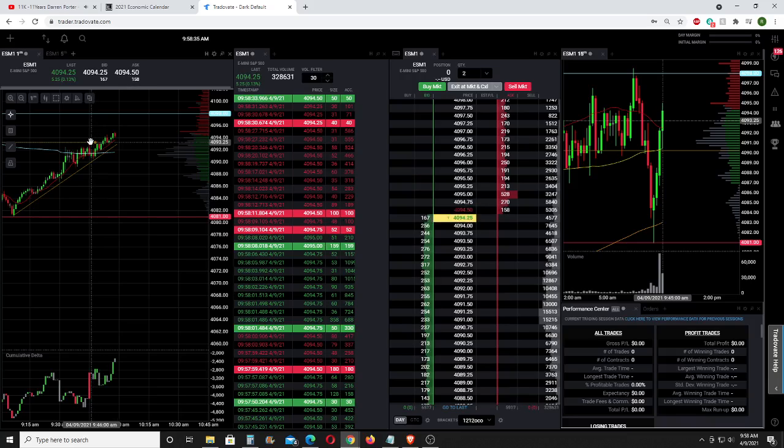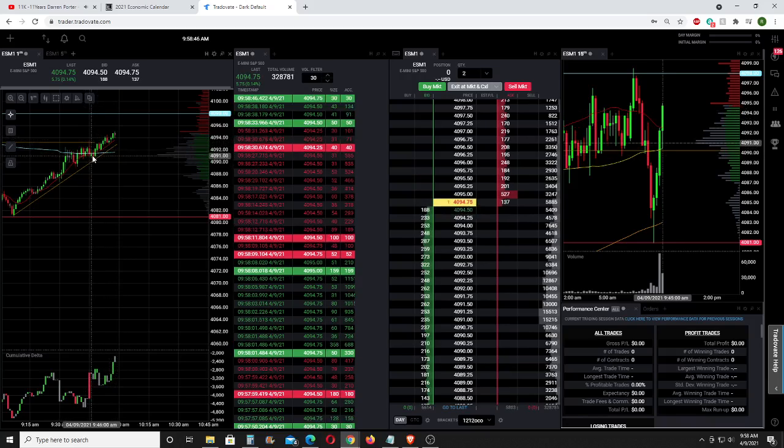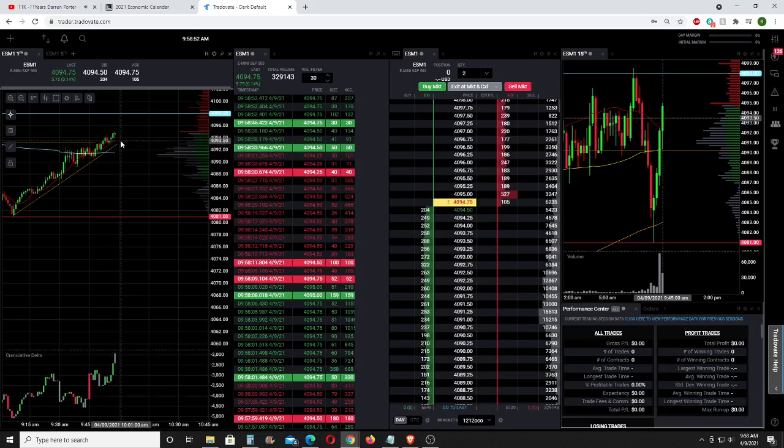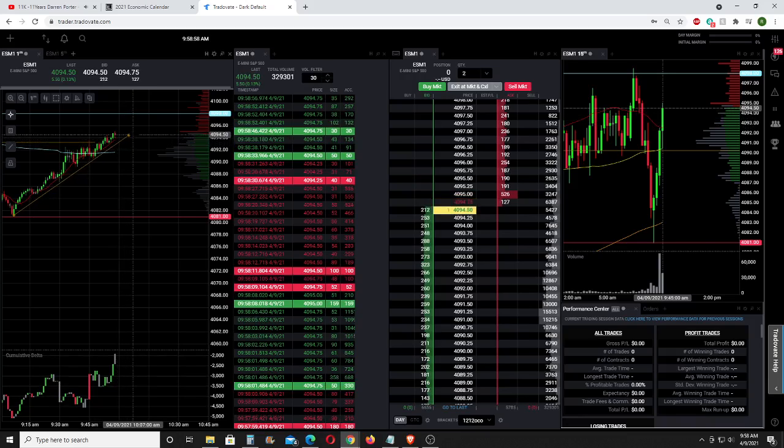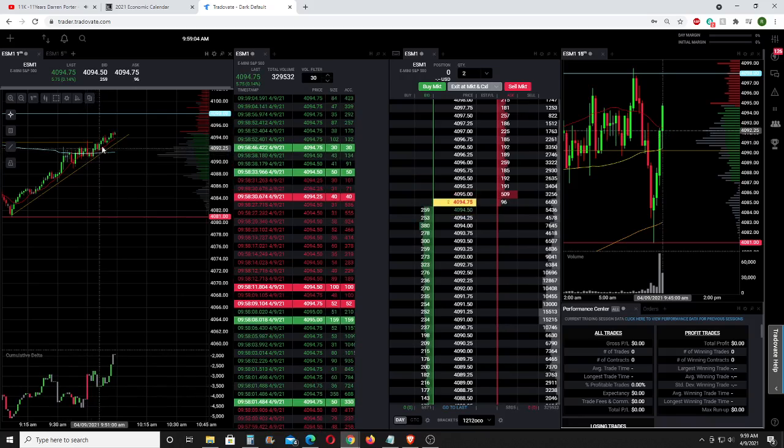Going long here is extended. If I was long here, I would probably sell my long position. If I bought here, I would probably sell when it breaks this trend line and the 9-period moving average. Until then, I'm just going to hold. If I was long, that is, I would have held this whole position here.